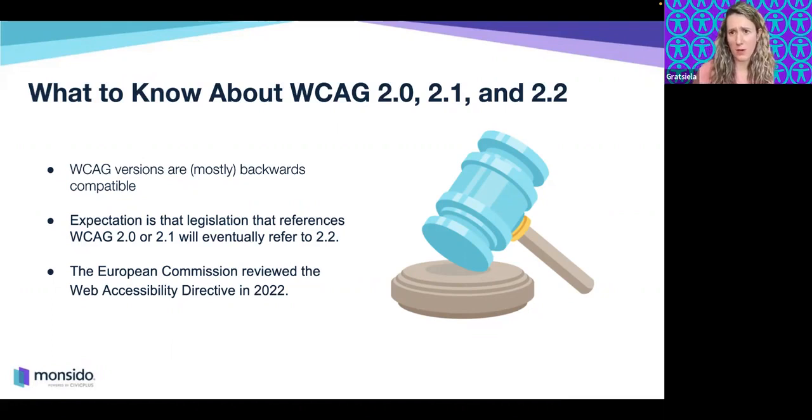There's though one exception. For WCAG 2.2, one criterion from 2.1 does not exist anymore, meaning that it's excluded.